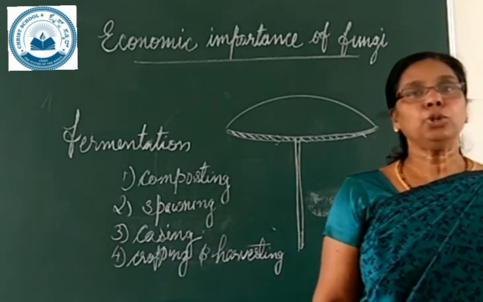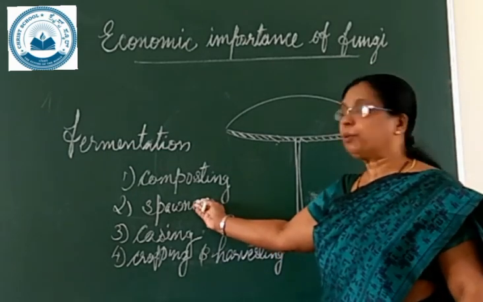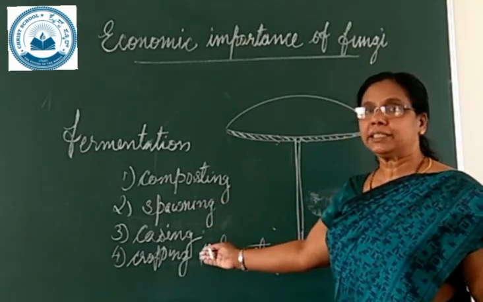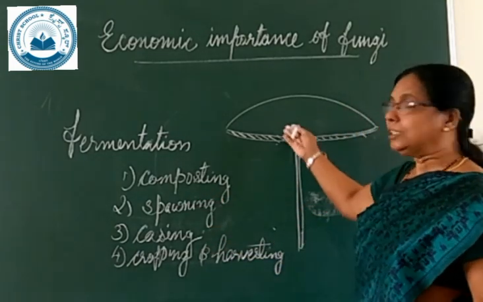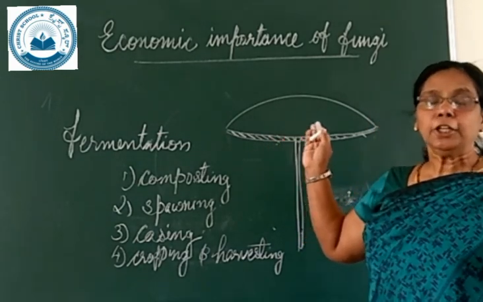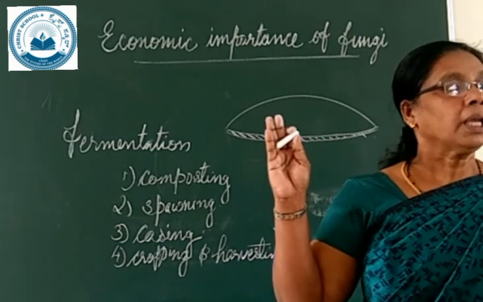It takes 2 to 6 weeks. So don't think that immediately after spawning or seed sowing, on the very next day, the mushrooms will come out. Nearly 1.5 months is needed, that is, 2 to 6 weeks for the mushroom to come up.